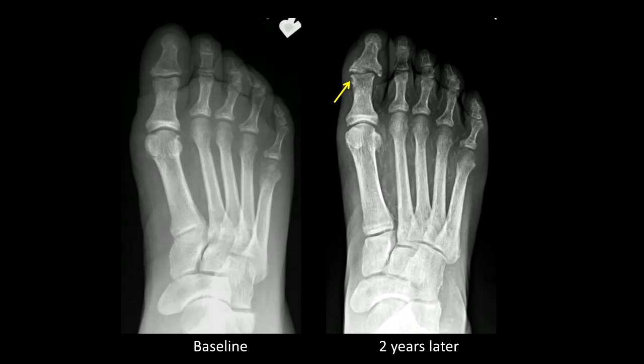But if you know the history as you do here, the finding is most likely due to secondary hyperparathyroidism. So remembering to include hyperparathyroidism in the differential diagnosis of erosive arthropathy is very important.